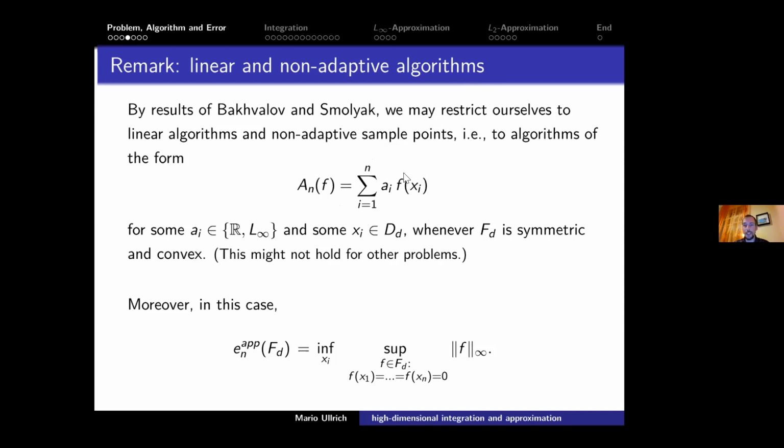So we have function values, and these a_i are, in the case of integration, just numbers, and in the case of approximation, are functions. Anyhow, it's enough to consider these kinds of algorithms as long as the set of functions we are interested in is symmetric and convex. But this obviously might not hold for other problems. That's very specific to the integration and the L-infinity approximation setting.